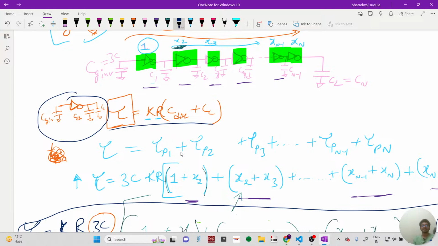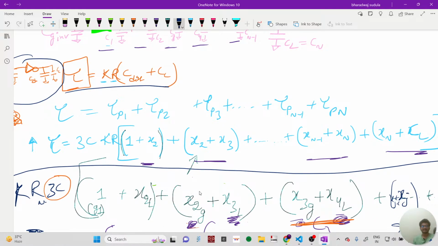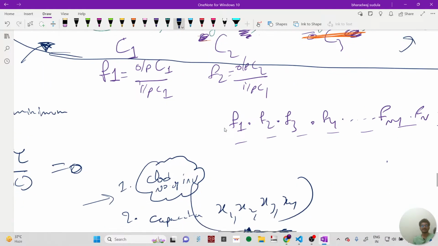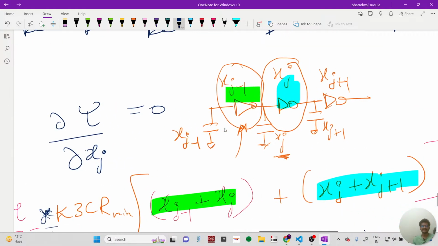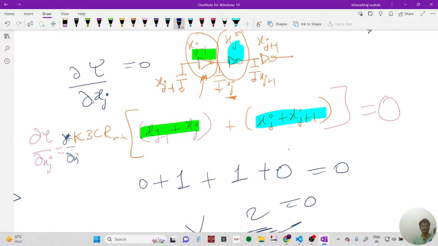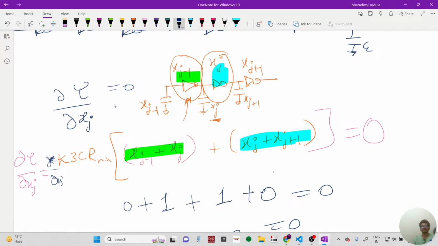So I have added all the time constants of all the gates, and I got this expression, right? We'll do some manipulation to this initial expression, so that if I differentiate this tau with respect to some inverter sizing variable, I may get some useful insights.